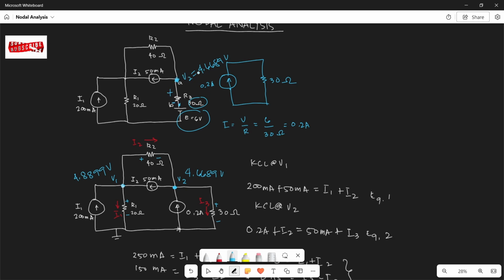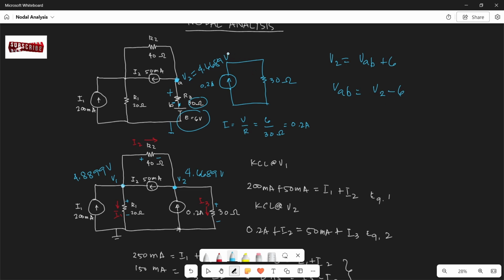Because this voltage V2 of 4.6689 volts is the potential of this point with reference to the reference node, we can say that V2 is equal to VAB plus 6. So VAB will become V2 minus 6.